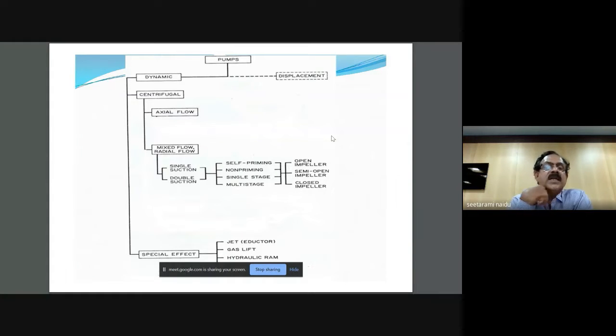Among dynamic pumps, centrifugal is a well-known name, especially for farmers, agriculture use, and small discharge height uses. Axial is for a large discharge in low head applications.